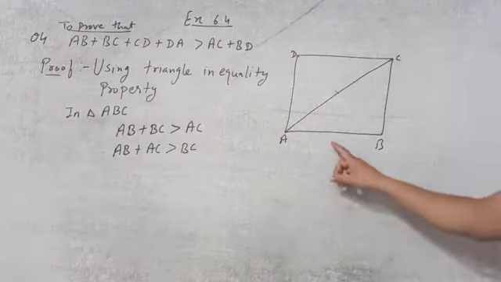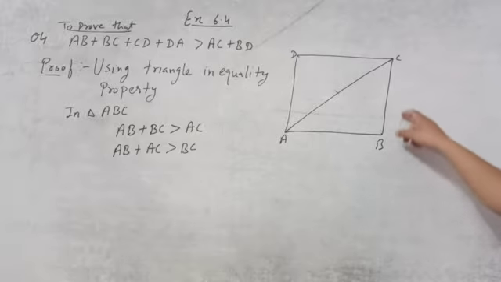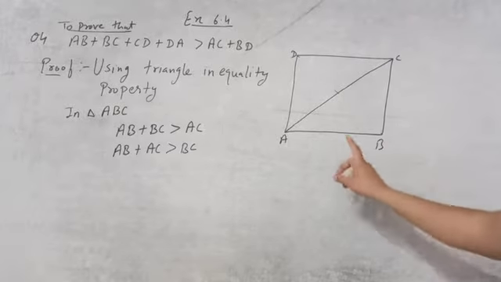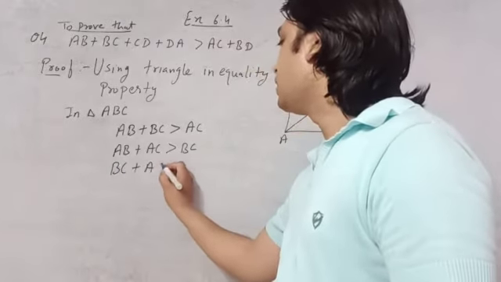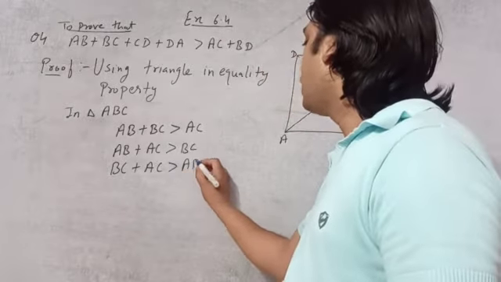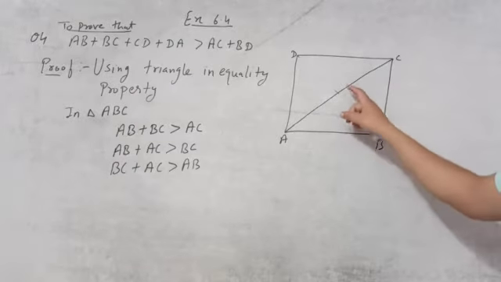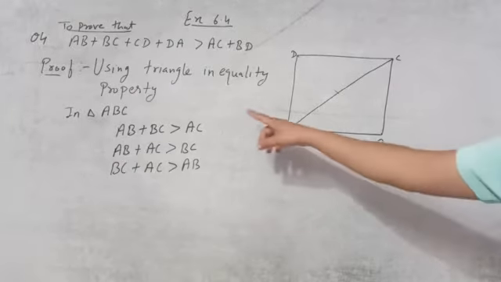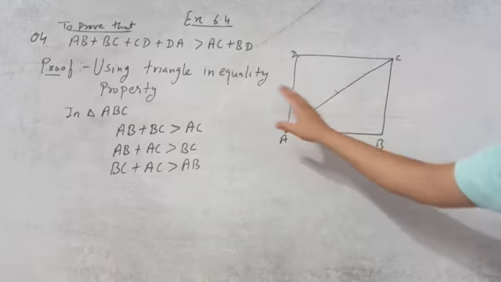Or we can add BC and AC, and we will get greater than AB. So when we add two sides, it will be greater than the third side. So these three conditions can come when we are applying this property in this triangle.